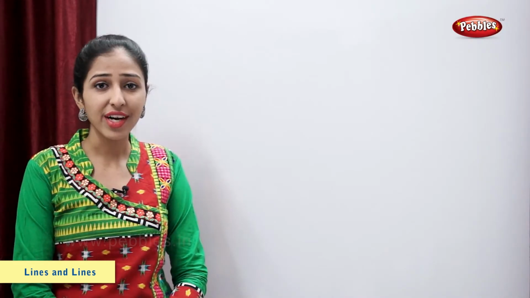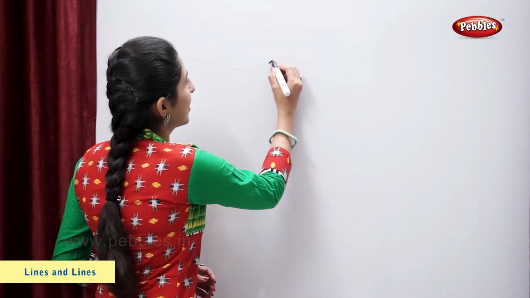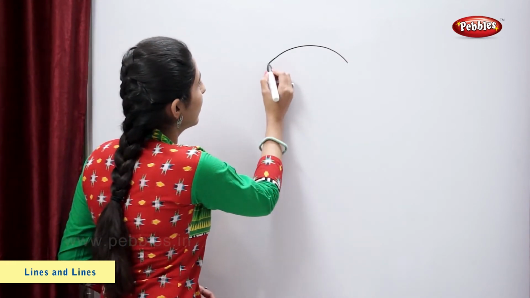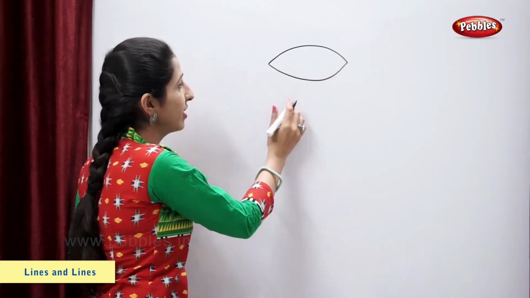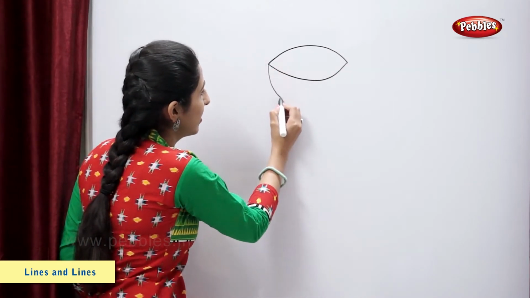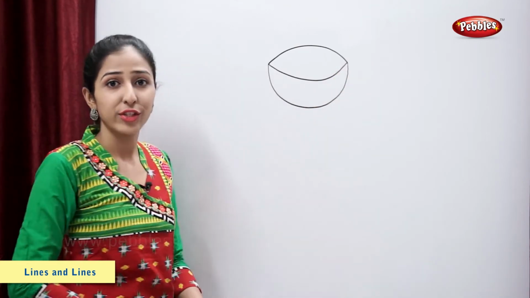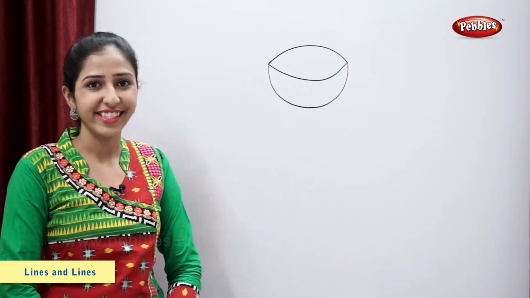Now let's draw a bowl. A curve, another curve, one more curve. So, we have drawn this bowl using curves. Now let's draw a glass.